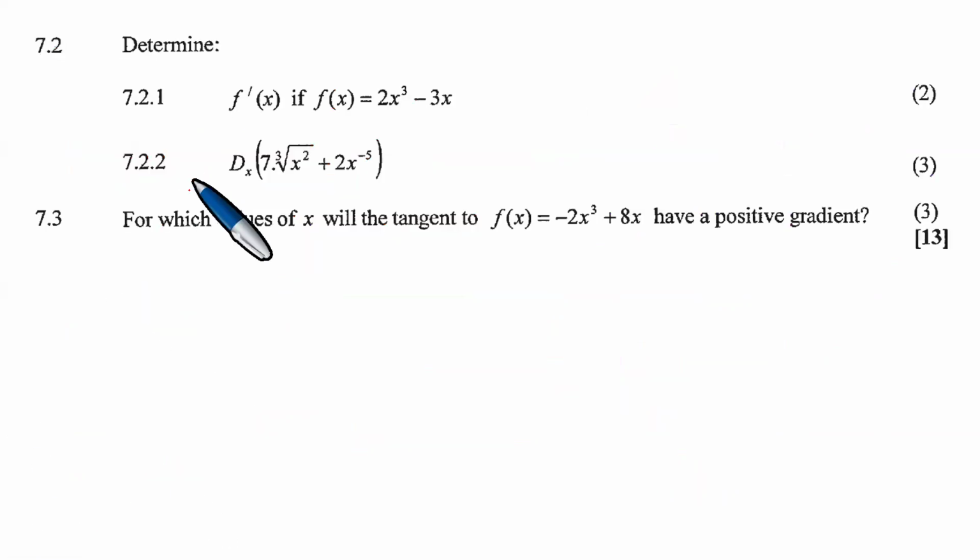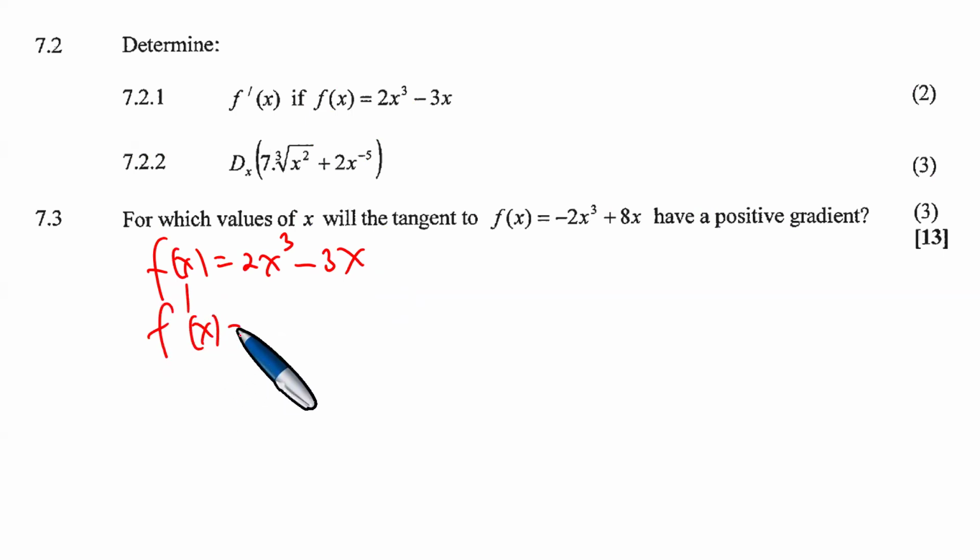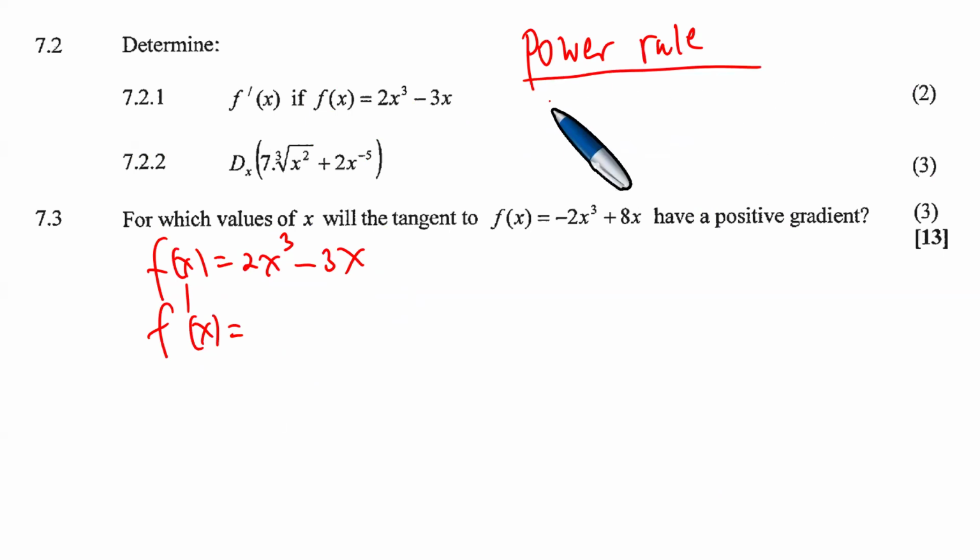In the next question, we want to find the first derivative, which is f prime of x, with f of x, which is 2x cubed minus 3x. We want to find the derivative of this, but once again, we remind each other that in the previous question we used first principles, but in this question we shall use what is called the power rule of differentiation.